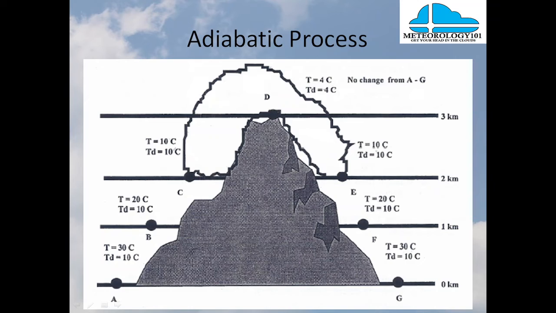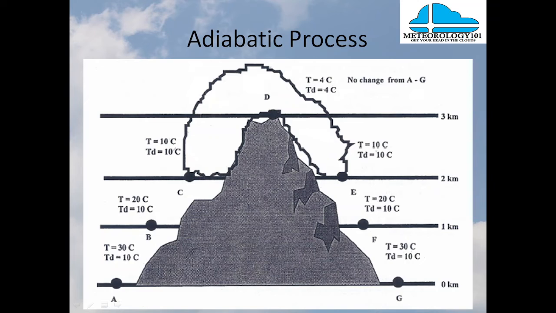So as this continues to push over the mountains to the other side and then starts to descend, at the top we reach 4 degrees Celsius. We're 100% saturated. From C all the way to E, we're 100% saturated. Then we start to descend.